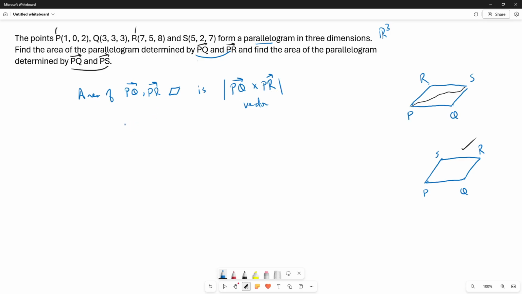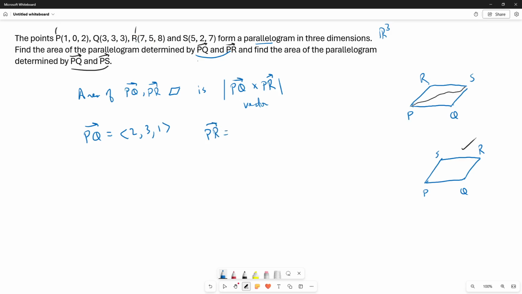Okay, so PQ, what is the vector PQ? PQ is the vector. Take the coordinates of Q and subtract the coordinates of P. So 3 minus 1, 3 minus 0, 3 minus 2. So that's PQ. And what is PR?